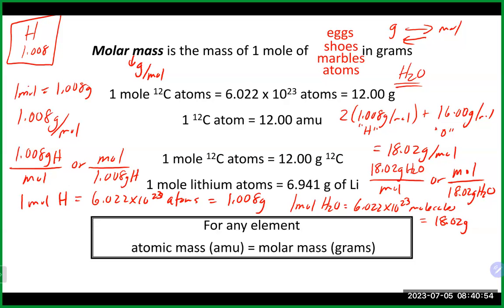So take a look at a couple things. For example, if we wanted to know how many grams are in 7.5 times 10 to the 26 atoms of copper.